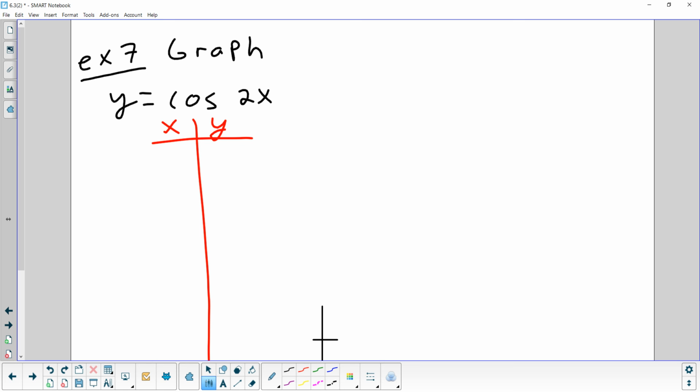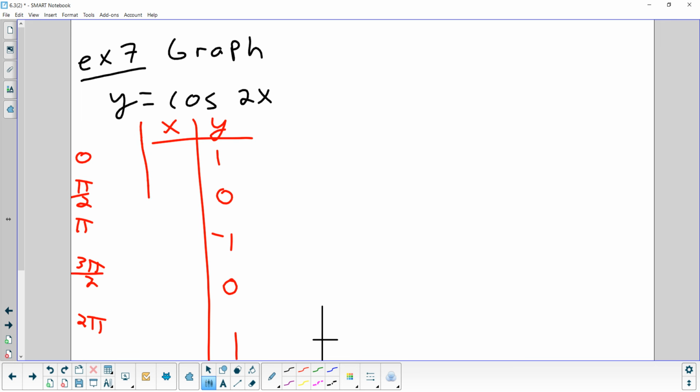Yeah, that's going to be a horizontal compression by a factor of 2. You could also say stretch by a half. And what values in my table, Tim, will stay the same? The y's. And Michael, can you give me my y values for cosine? 1, 0, negative 1, 0, 1. So we got those. Let's take the original x's.